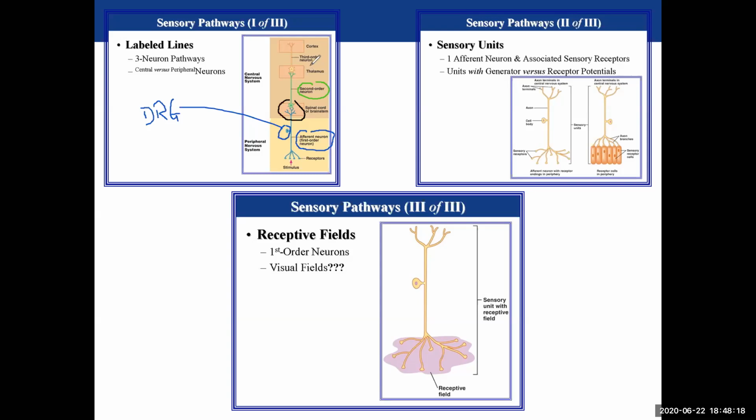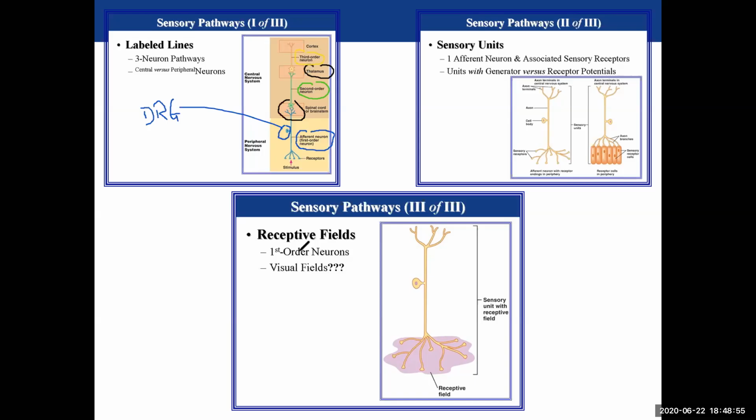So there's the thalamus here. There's actually two of them, right? There should be a right and left thalamus. And this is where you have the third order neuron. So you have the right and left thalamus, and you have the third order neuron connecting each thalamus to the cerebral cortex.